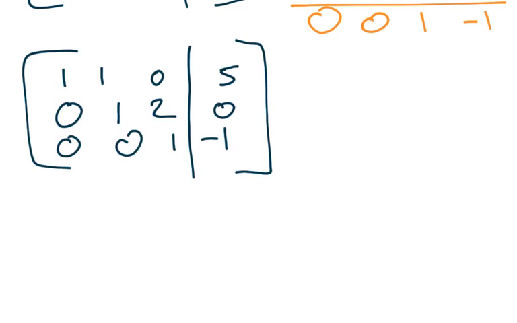Okay, so the next move is in order to turn this 1 into a 0, I'm going to take negative row 2, add that to row 1 to give me a new row 1. Okay.